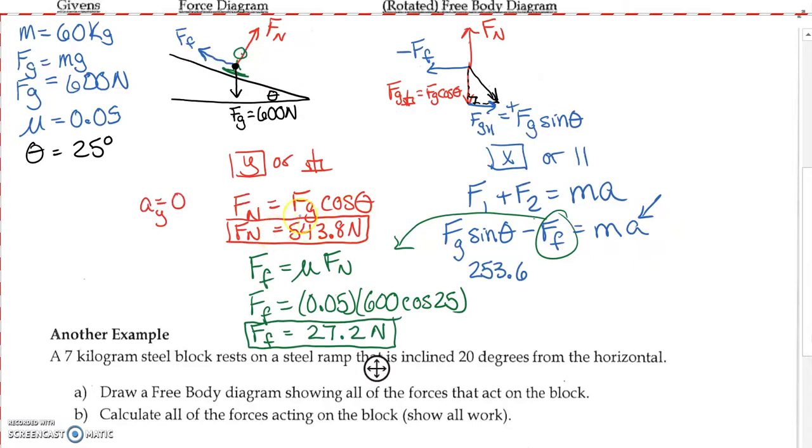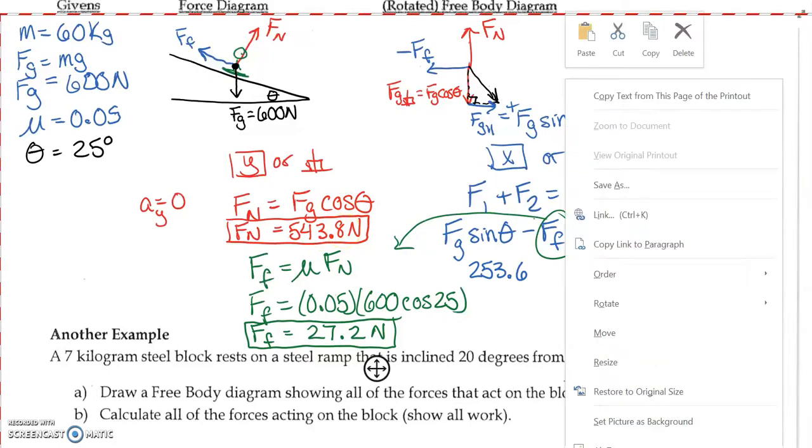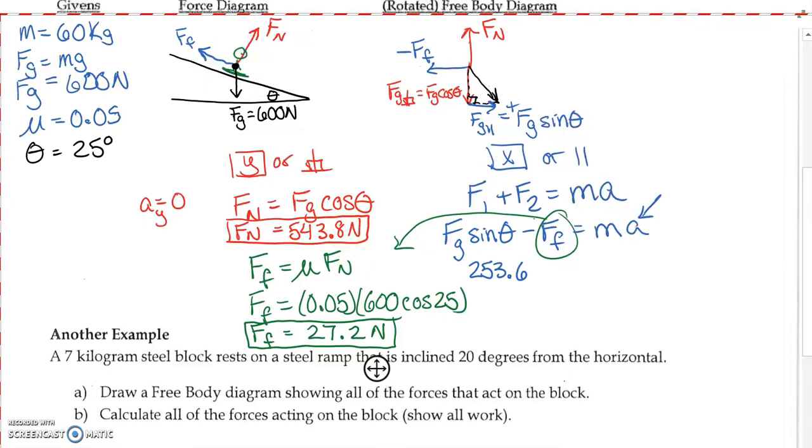So all I did was type in 600 cos 25. I got 543.8. So that goes in here, multiplied by mu, and we get a force of friction of 27.2. So 600 sine 25 was also 253.6. So if I take this, which I calculated, and I subtract the force of friction, 27.2, I should get my mass, which was 60 kilograms, times my acceleration.